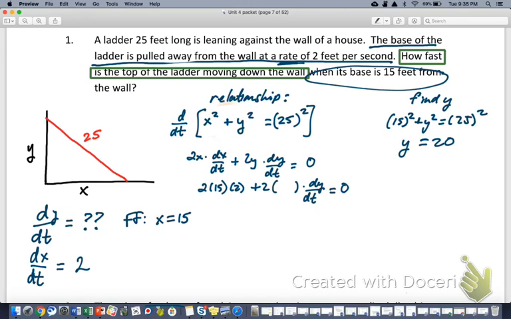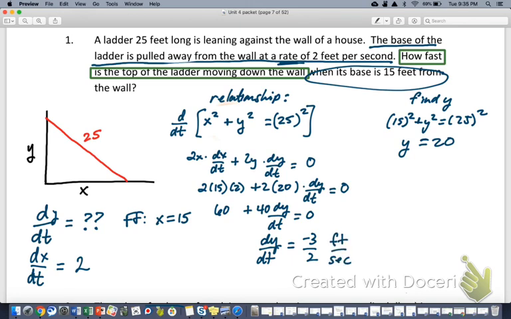And so since y is 20, I can drop that right in there for my freeze frame moment. And now I'm going to just solve for dy/dt. So, of course, this is 60. That's 40 dy/dt equals 0. So I subtract 60 and divide by 40. I think I'm going to get dy/dt equals negative 3 over 2. And that, units wise, would be feet per second.